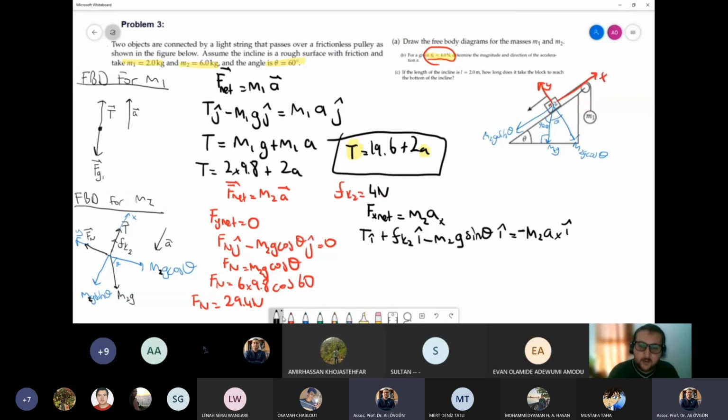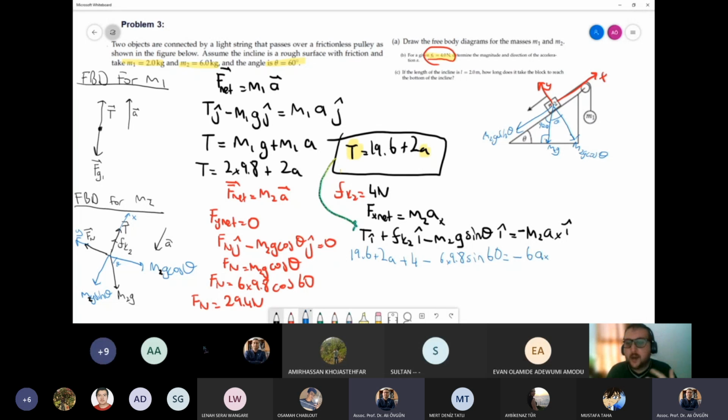So what is T? You must use this T inside here. So put inside: 19.6 plus 2a, plus Fk2 which is 4, minus m2, which is 6, times 9.8 sine 60, equals minus m2, which is 6, ax.